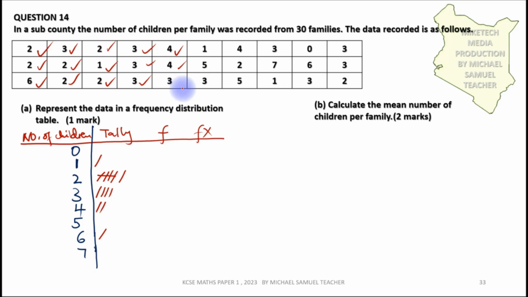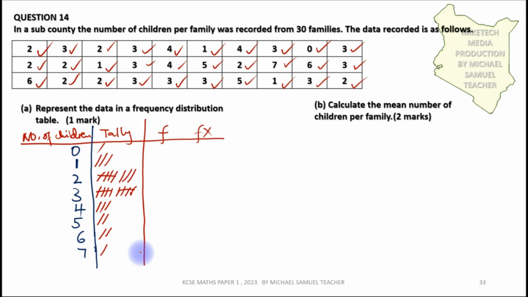Then 3, another tick, 1, a tick, 5, a tick, 3, a tick, 4, a tick, 2, a tick, 5, a tick, 3, a tick, 7, a tick, 1, a tick, 0, a tick, 6, a tick, 3, a tick, 3, a tick, another 3, a tick, then lastly 2, tick.